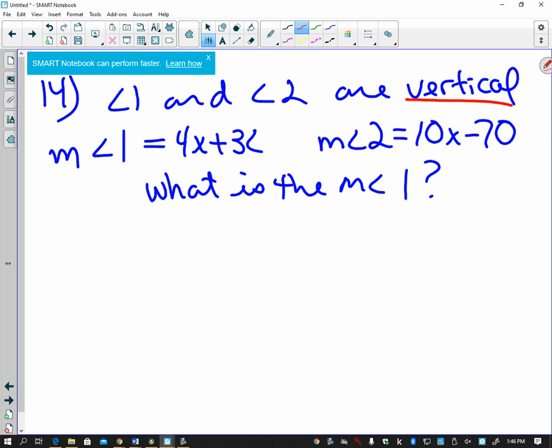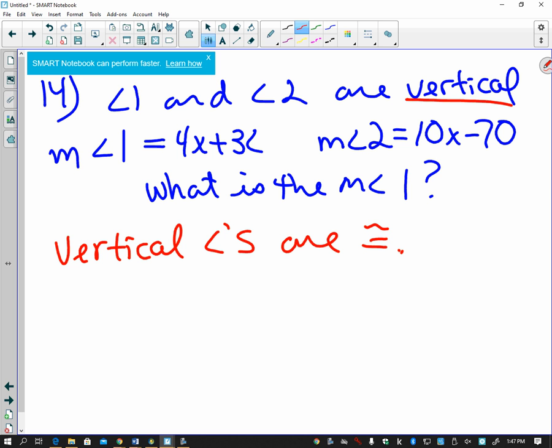No, vertical angles are not parallel. Lines can be parallel, angles cannot be. Vertical angles are congruent. Do we know that symbol well enough that if I write that up instead of the word congruent, we know what I'm talking about?